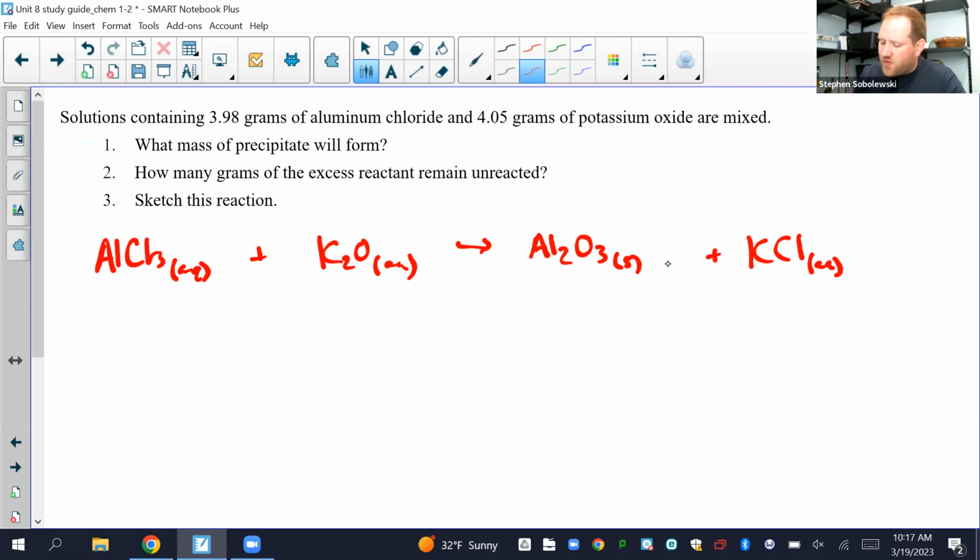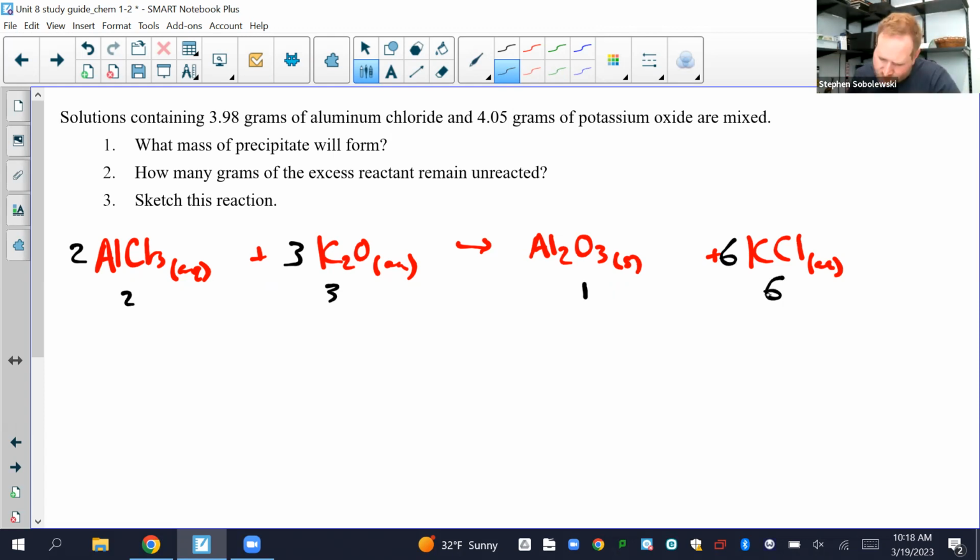Now, how do I know these two? I've just done these enough that I can recognize what's solid and aqueous, but what you would do is check your solubility table. So you would find aluminum oxide, let me just confirm, aluminum oxide is solid and potassium chloride is aqueous. All right, this gives us a 2 to 3 to 1 to 6 ratio, 2, 3, 1, 6.